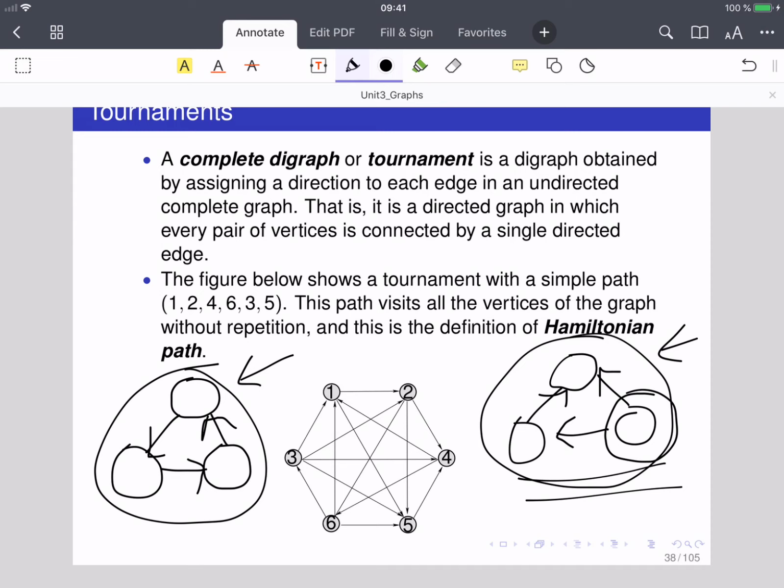So these are not the same graph, but both of them are complete directed graphs with three vertices.